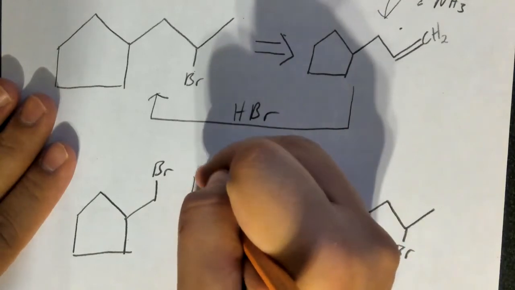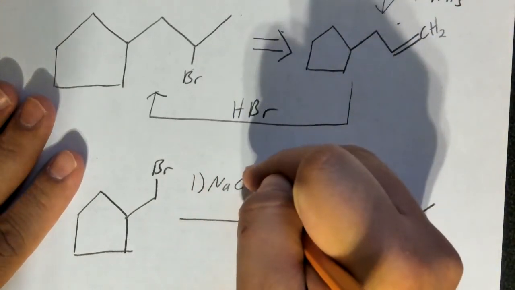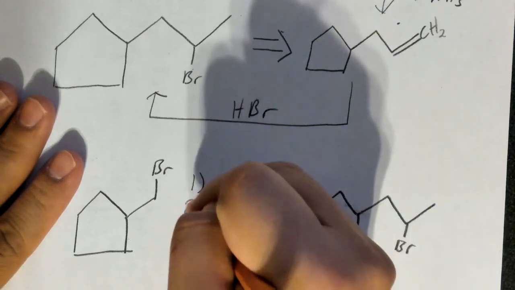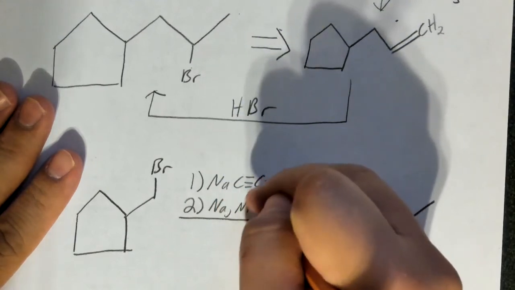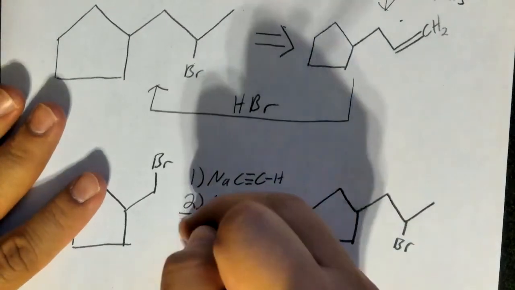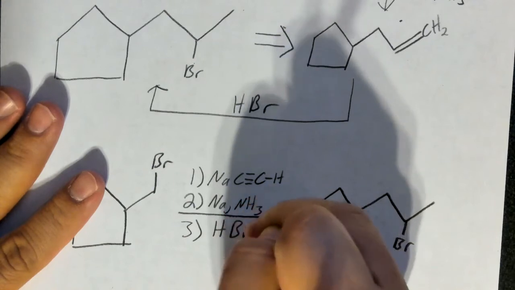We write them all in these numbered stages. So first we would add sodium acetylide. Then we would add sodium metal dissolved in ammonia to reduce it to the alkene. And then we would add HBr.